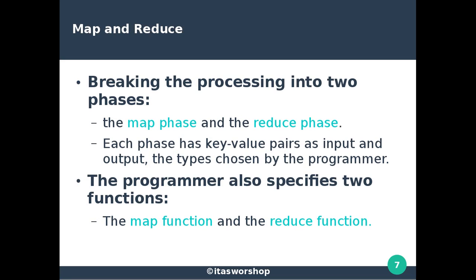Then what is MapReduce? How can we define MapReduce? MapReduce is just breaking the process into two phases, the map phase and the reduce phase. Each phase has key value pairs as input and output, the types chosen by the programmer. So in the map phase we have our own data set.